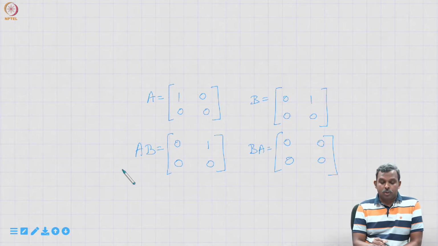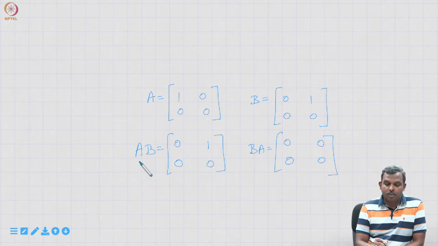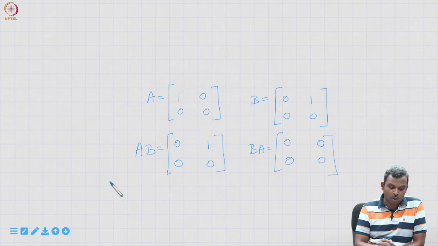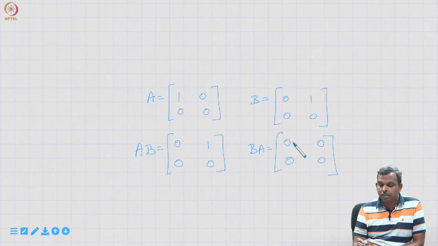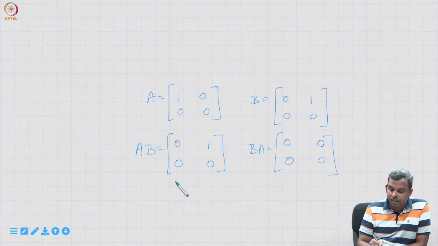So, when this is ST and TS, this is a simple 2 by 2 case where everything is well defined, but still this is valid. This is ST and TS. And in one case, you have AB being 0, 1, 0, 0 and BA being 0, 0, 0, 0. So what happened here for AB, you have eigenvalue 0 occurring twice, and there is only one eigenvector, isn't it?